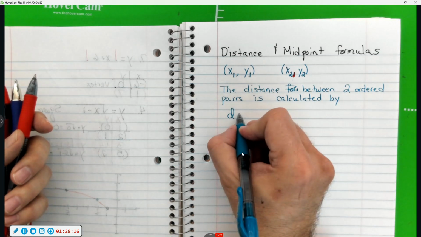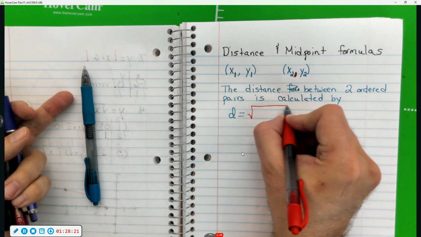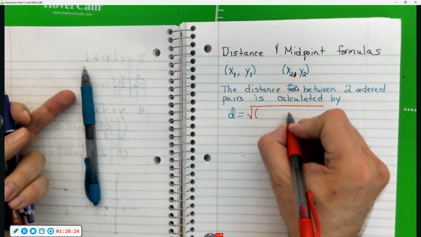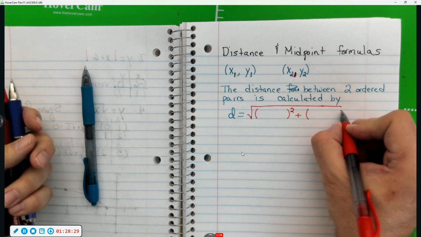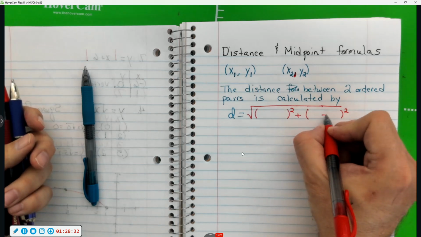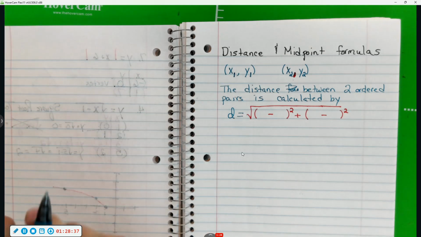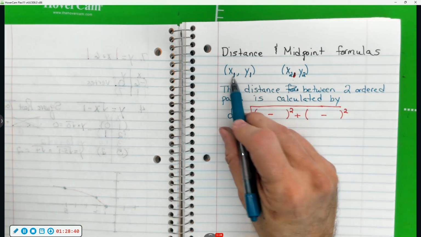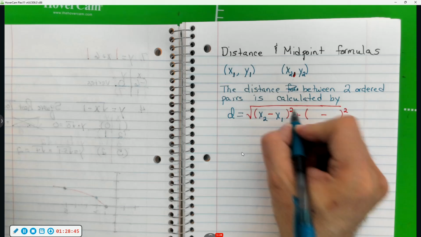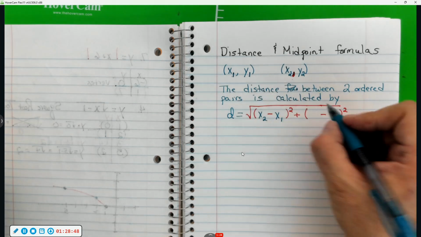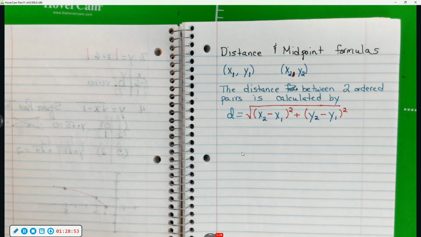D for distance equals the square root... this one's the more complicated formula. Okay, it's second X minus first X squared plus second Y minus first Y squared.